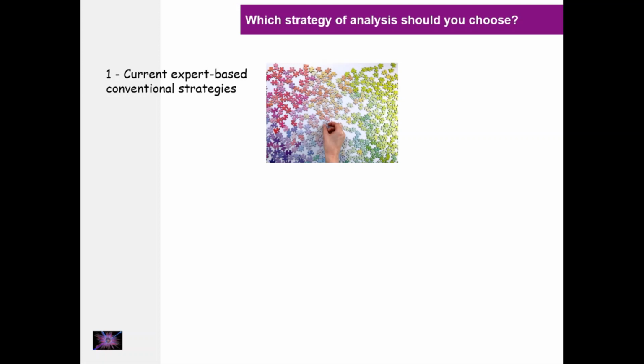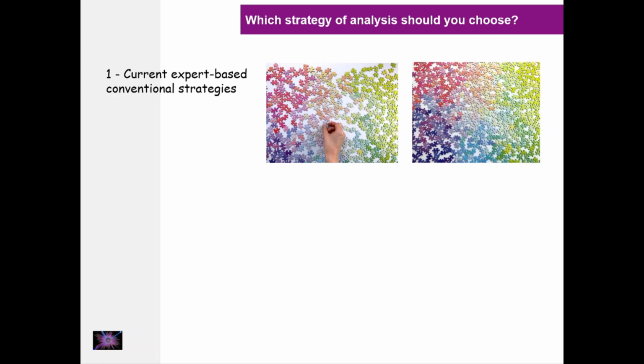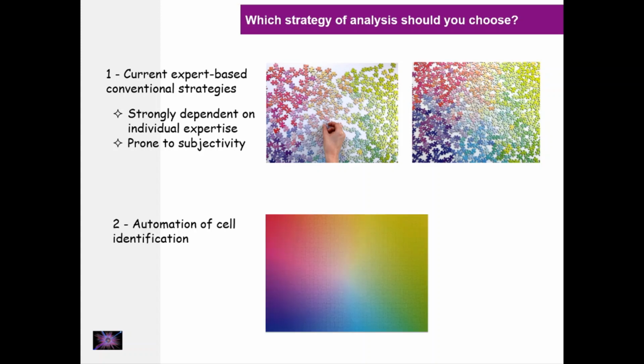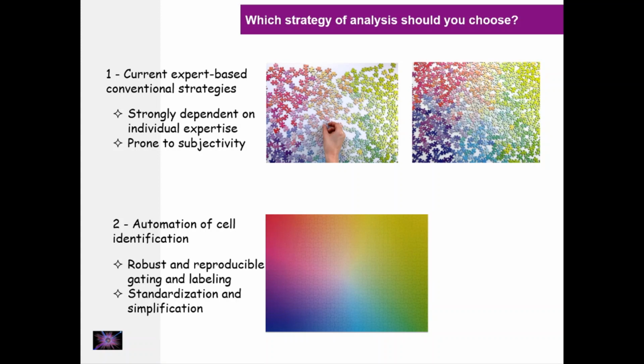You can choose between the current expert-based conventional strategies, which are strongly dependent on individual expertise and prone to subjectivity, or you can now choose the automation of cell identification, which is a robust and reproducible gating and labeling, and is standardized and simplifies the analysis.